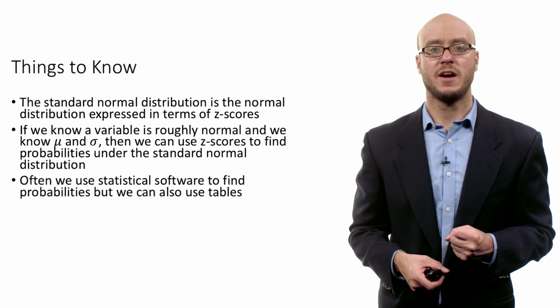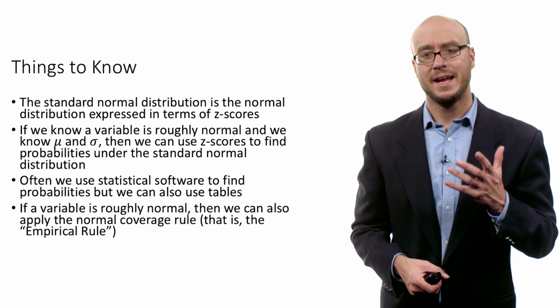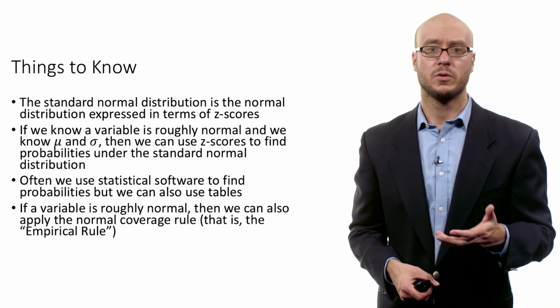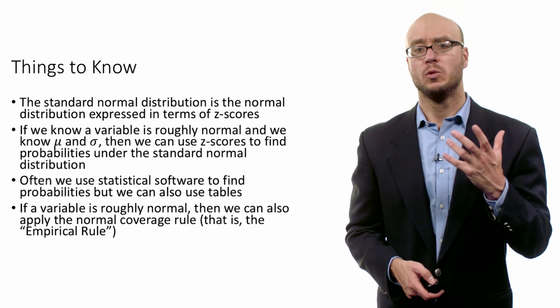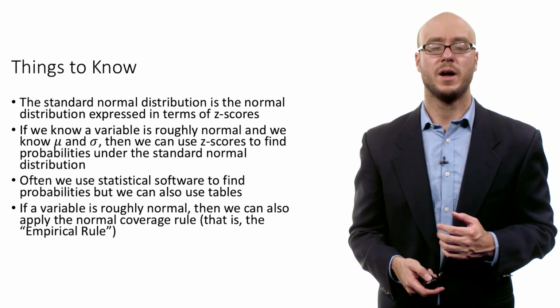Often we will use statistical software to find these probabilities, but we can also use tables. And as well, if we can use the normal distribution model, either the standard or the conventional normal distribution model, we can also apply the normal coverage rule to make characterizations about the distribution. And with that, we've concluded our discussion of the normal distribution model, z-scores, and the rest of the topics for this lecture.